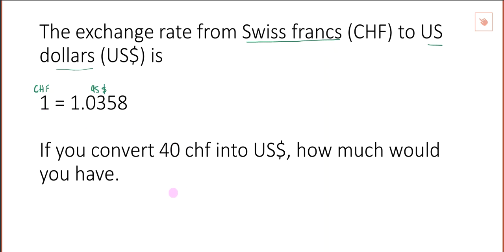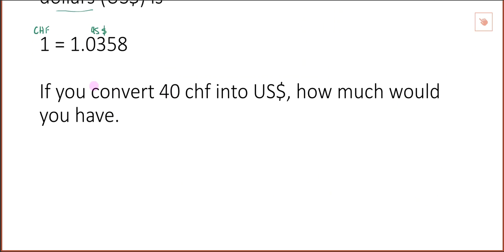If we convert 40 francs into US dollars, what do I do? I use my ratios. I've got my francs to US dollars. So if I've got 1 to 1.0358, I'm converting 40 francs. How many US dollars? Well, that's multiplied by 40.